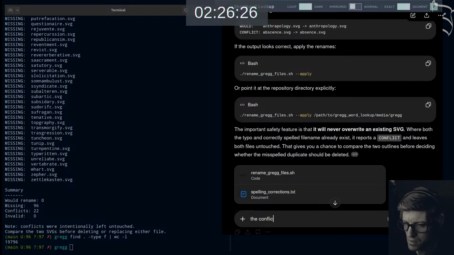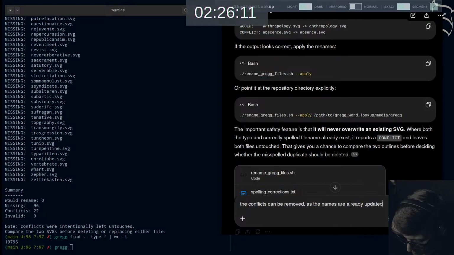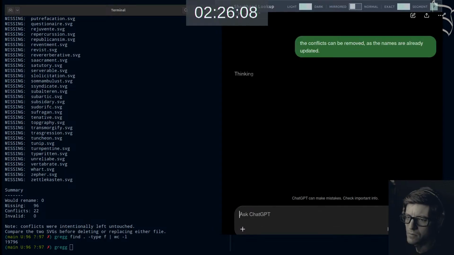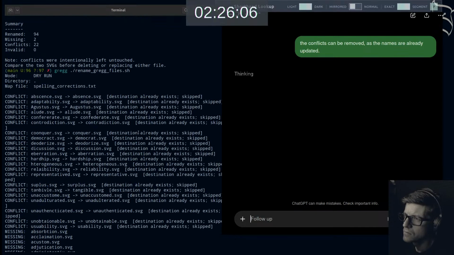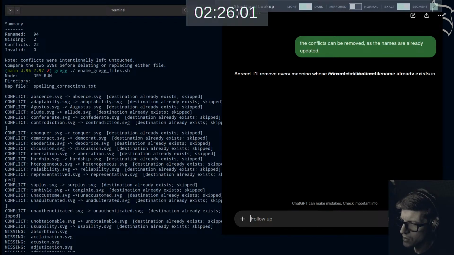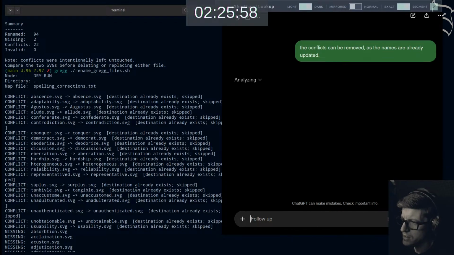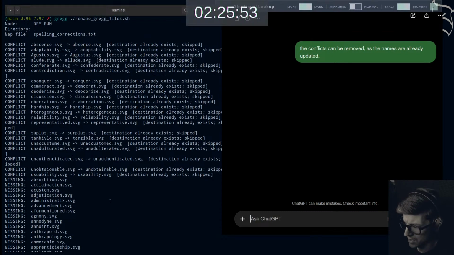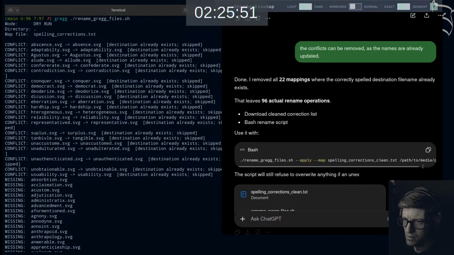The conflicts can be removed as the names are already updated. And that's just 24, so not bad at all. Let's go ahead and see what it gives. It might update the bash script to enable us to just set a flag.